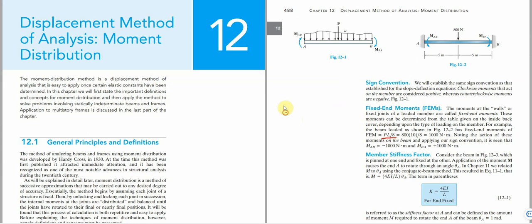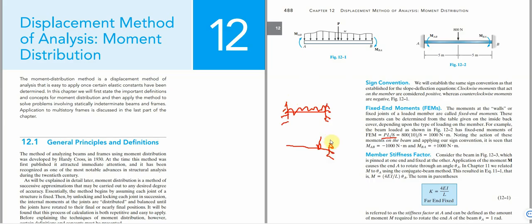However, when we have a loading like this, we are not going to use that. There's another formula for this kind of loading. So depending on what we are having, and even when the load is not uniform or is not acting at the centroid, there's another fixed end moment for that.